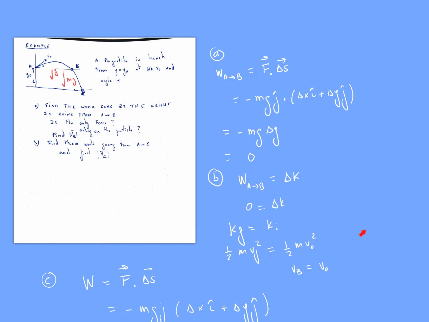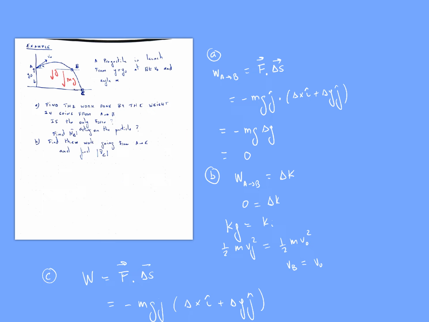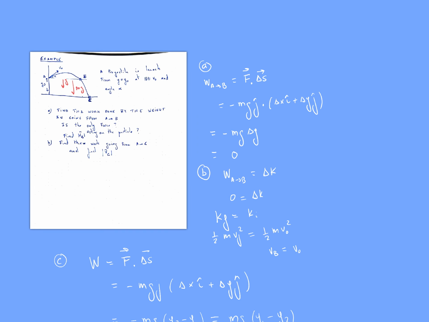The work done is the force by the displacement. Maybe you can see these things in two different ways. So this is the trajectory of the body. This is the displacement, delta S. This is the mg.